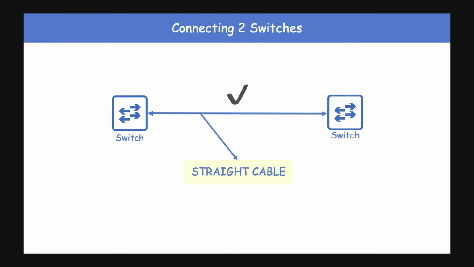This is because when the wrong cable is plugged in, the switch automatically changes the logic to make the link work. This feature of switches is called auto MDIX, where switches change the logic of transmission from pins 3 and 6 to pin number 1 and 2.